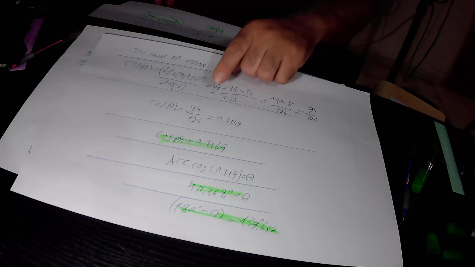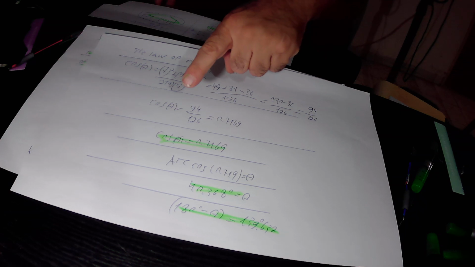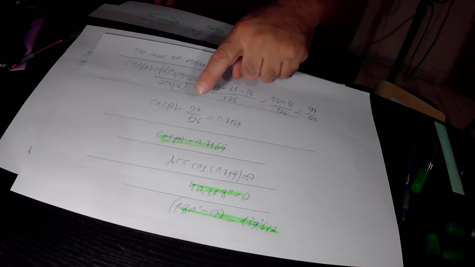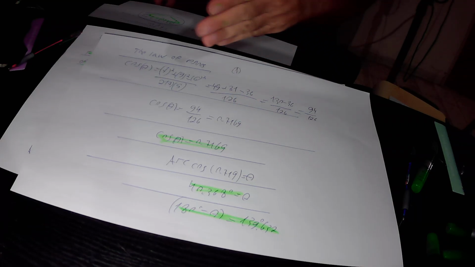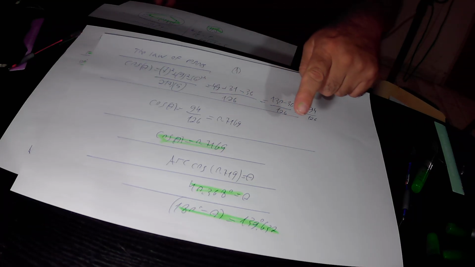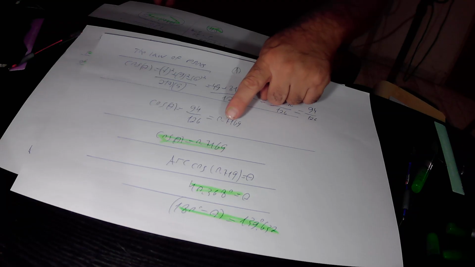We would like to find the value of angle theta itself. In order to do that, we operate the opposite function of cosine, that is arc cosine, on the result of cosine theta, 0.7169. So arc cosine of 0.7169 equals theta.